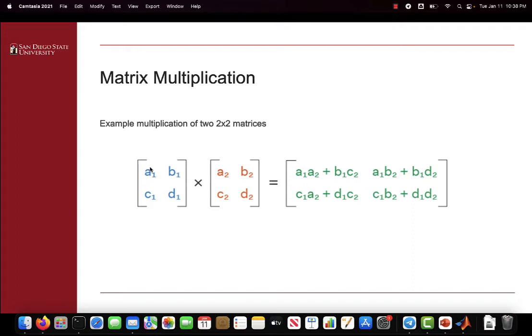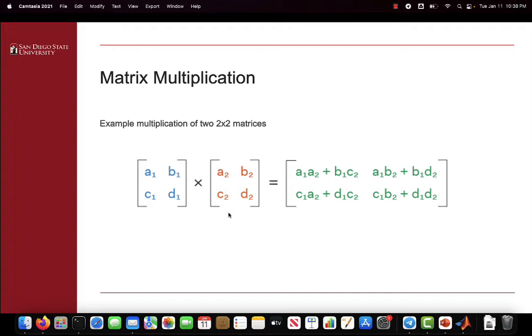Why? Because the row count of the first matrix is 2 and the column count of the second matrix is 2. So our result matrix will be 2 by 2. And for the first element, we need to multiply the first row of the first matrix and the first column of the second matrix.